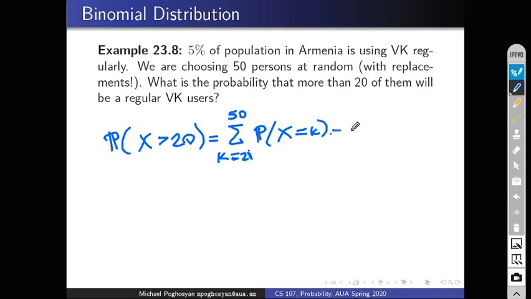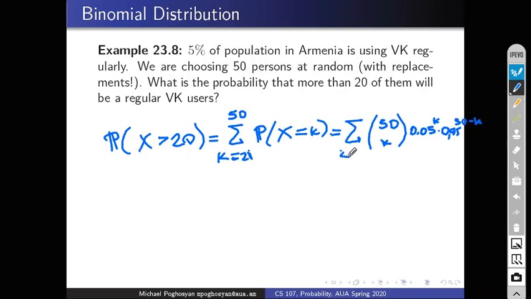Because X is a binomial random variable with parameters 50 and 0.05, we will have 50 choose k times 0.05 to the k and times 0.95 to the 50 minus k.